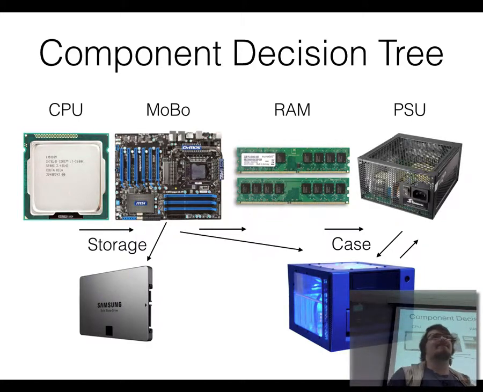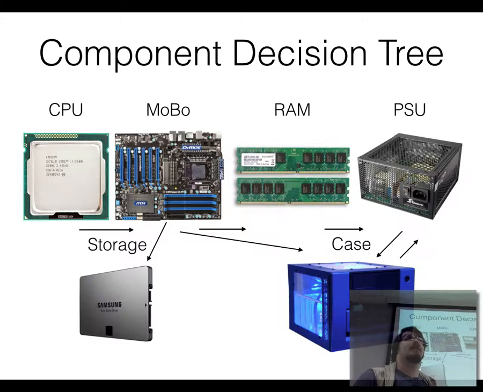So essentially the buying decision is to first look for what CPU you want. There are many different types of CPUs out there, and depending on the type of CPU you get and the socket type they use, you're going to choose your motherboard, because your motherboard works specifically for the type of CPU you buy. Once you buy your motherboard, you would know exactly what type of RAM you're able to put inside of it, and you would know what type of storage you're able to hook up to it, and you would know which case you need, because different cases work for different form factor motherboards.